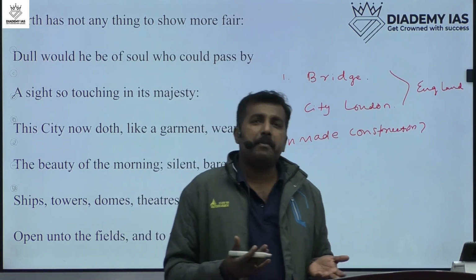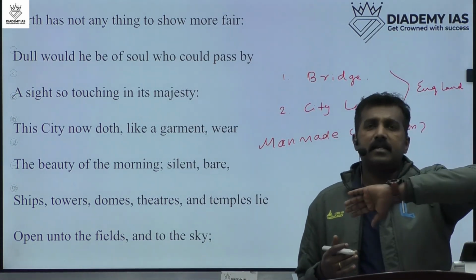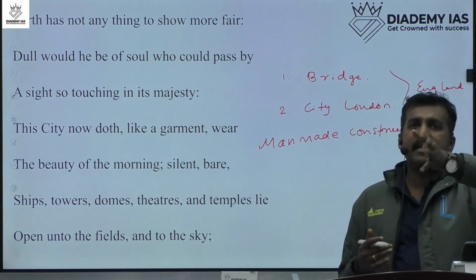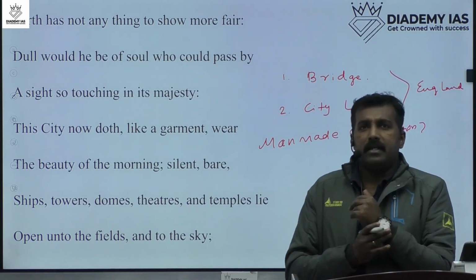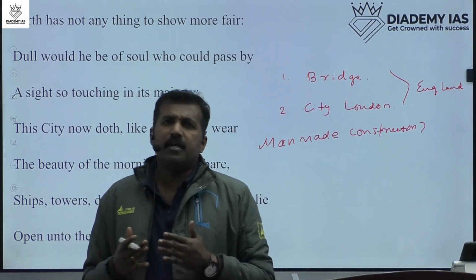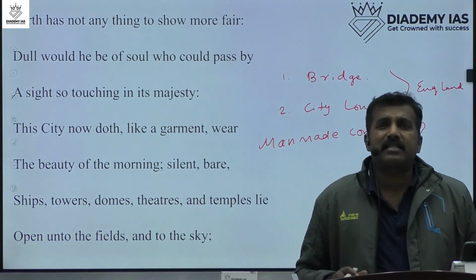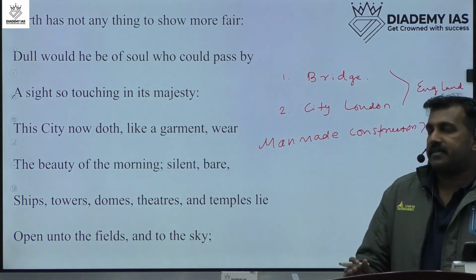All these are man-made. It's not natural, correct? Bridge, for example, London Bridge, or Westminster Bridge. It is not natural. It did not happen through natural things, because it was a man-made construction.